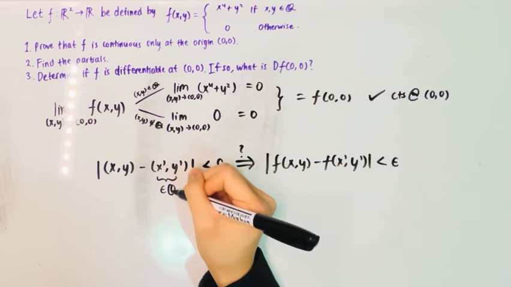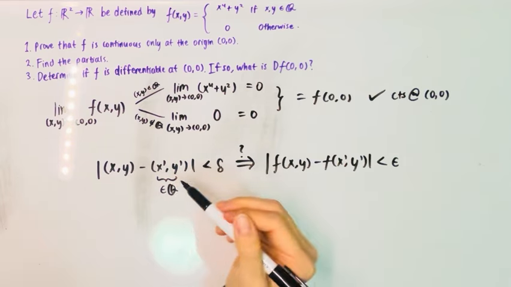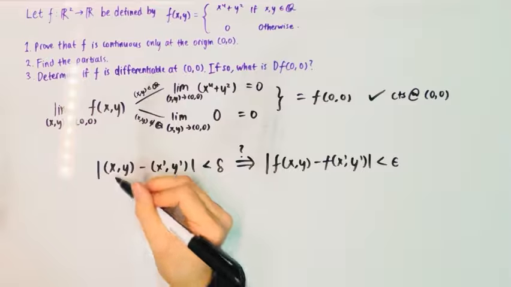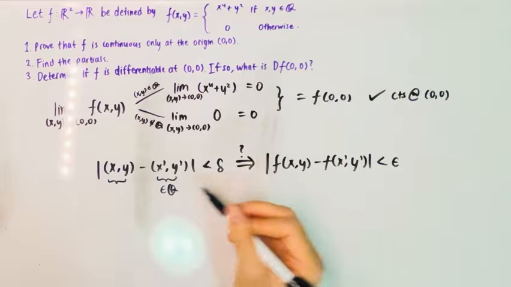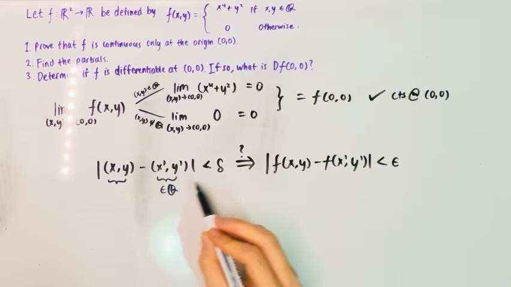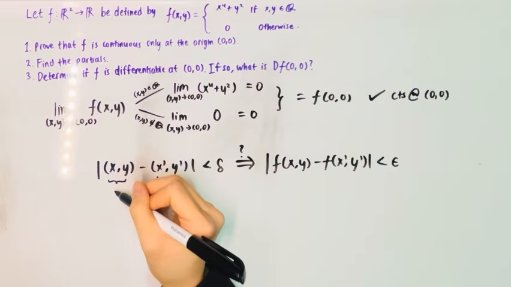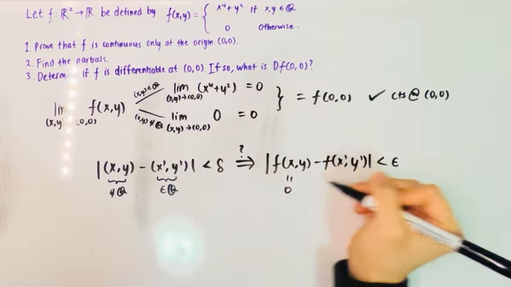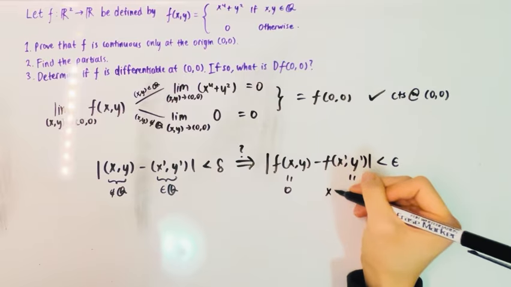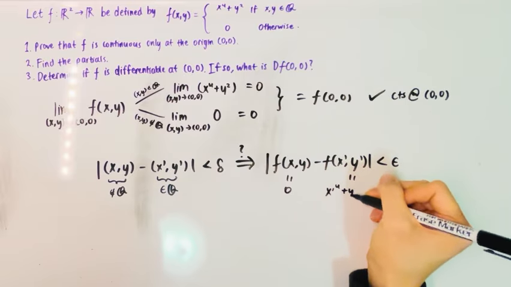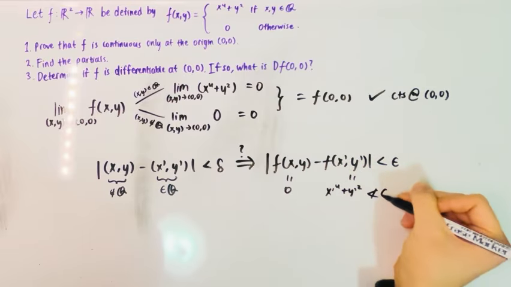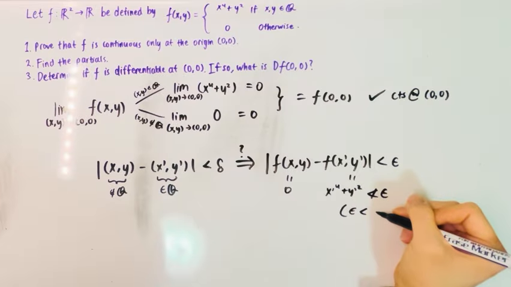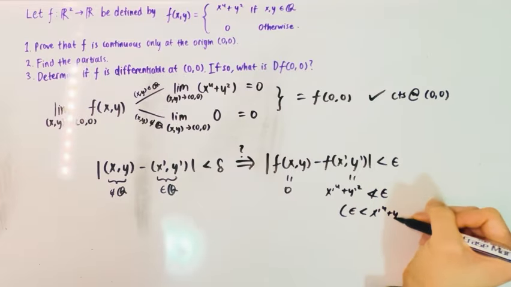Say this is in the rationals, then by the density of the irrationals in the reals, we can always find an (x, y) delta-close to (x', y') such that this is not in the rationals. In that case, that would equal 0, and this would equal x'⁴ + y'². And that's not going to be less than epsilon for any epsilon less than x'⁴ + y'².